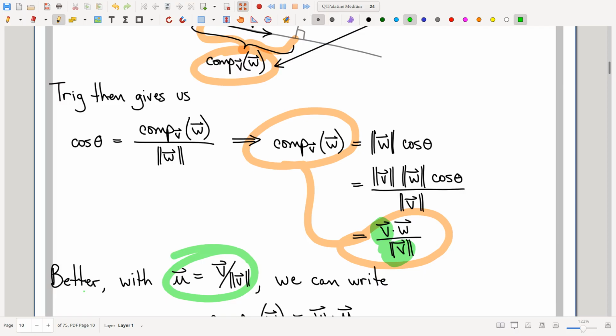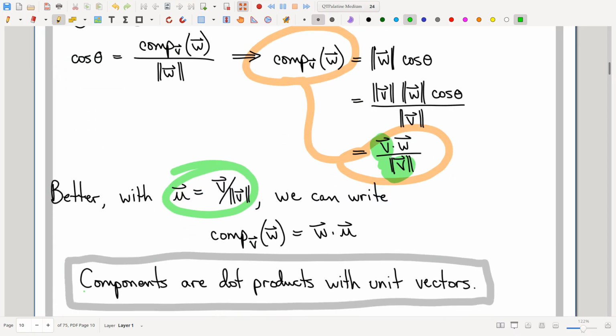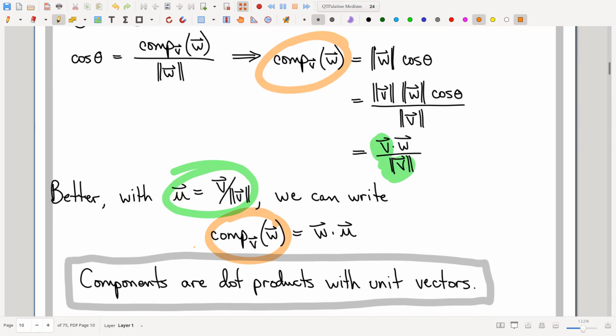Right? So I can rewrite this formula for the component as instead of computing the component with this formula, W dot V divided by the magnitude of V, I'm going to point out that I can think of that as just dot product with a unit vector. And I think this is a wonderful way to think about components.